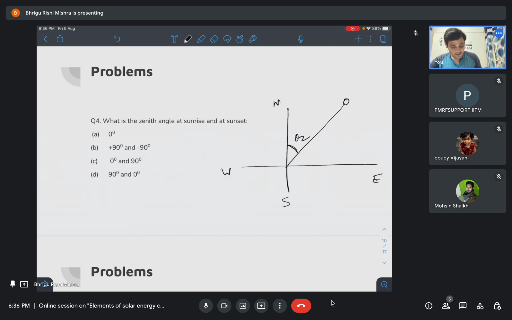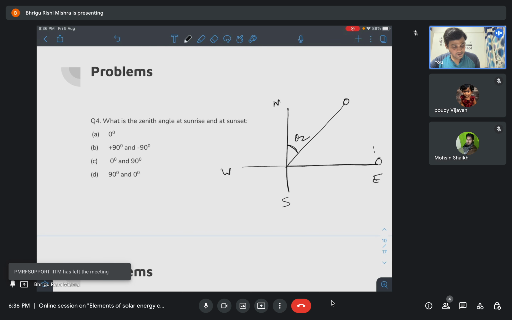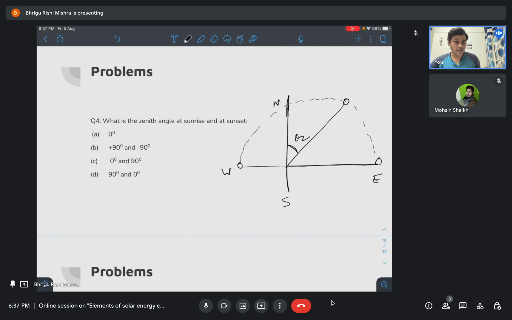At sunrise the sun's position is here in the east direction, so this angle will be 90 degrees, and at sunset it goes all the way like this. Then this angle will again be 90 degrees, because we are considering it from this north-south line.